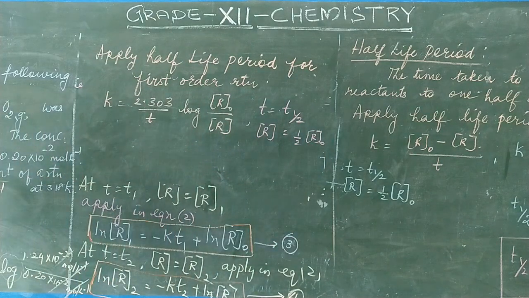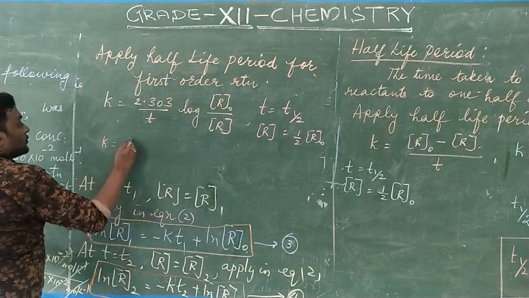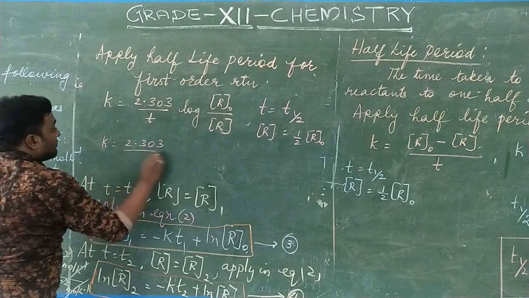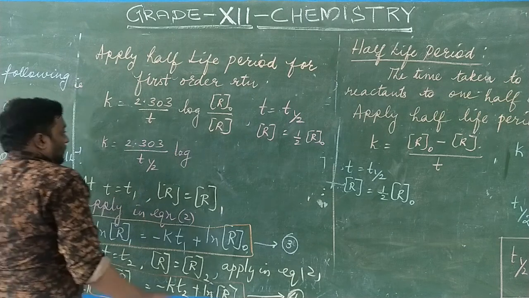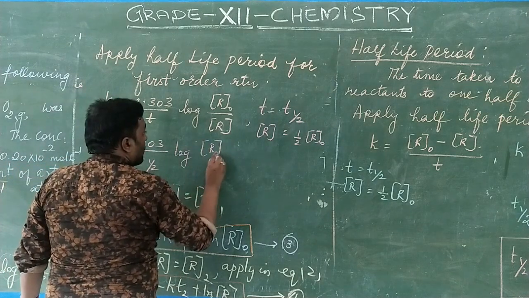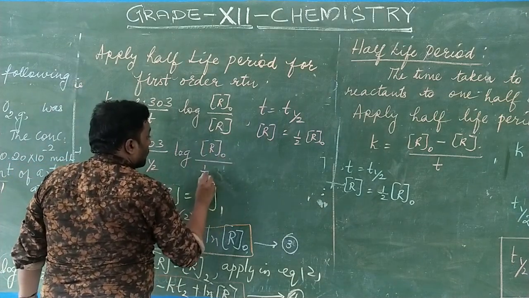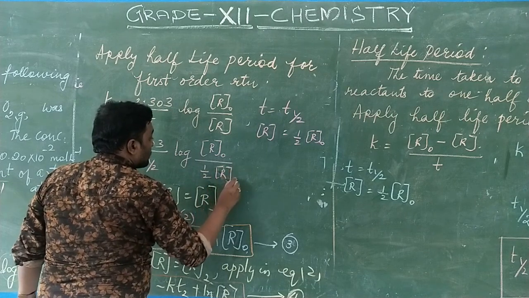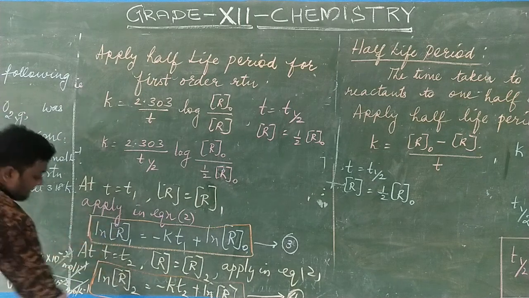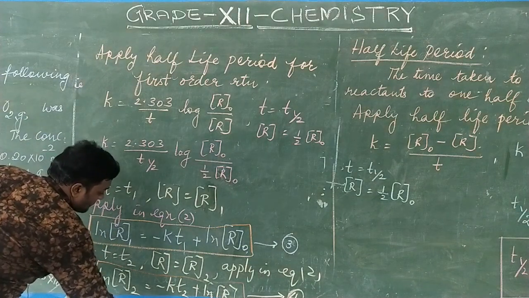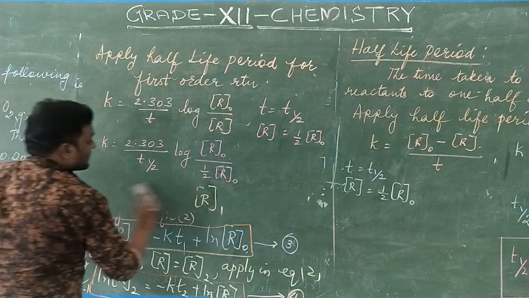Now you apply the value. என்ன ஆகும்? K is equal to 2.303 divided by T half into logarithmic value of concentration of R naught the whole divided by 1 by 2 into concentration of R naught. Correct? Like this it will come.